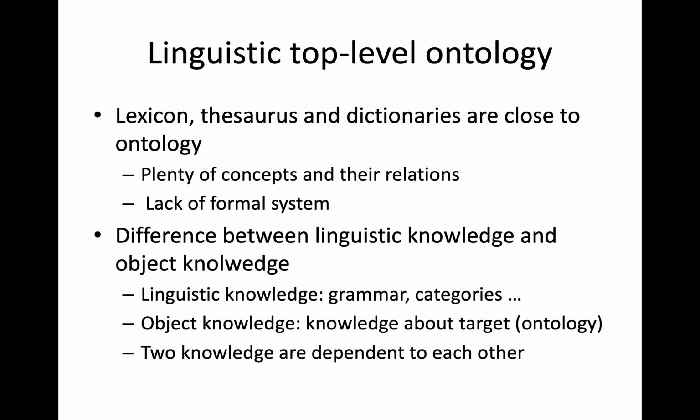And these two types of knowledge are dependent on each other. We need to use grammar for communicating, right? And we may use categories, that's in the linguistic knowledge, to define an object or categorize an object. So those two kinds of knowledge depend on each other.